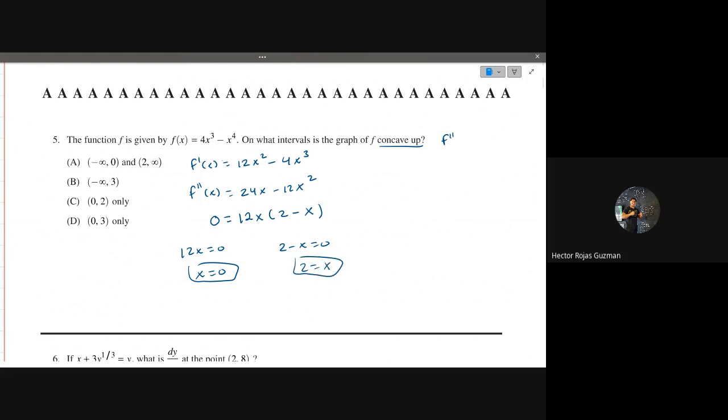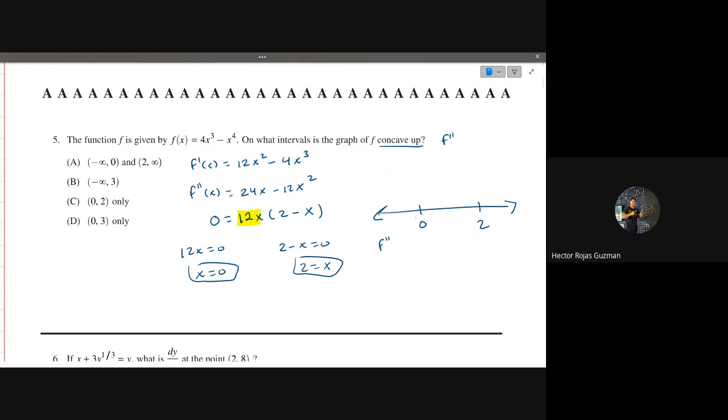We want f to have a positive concavity, right? So that means the second derivative has to be positive. So take your number line, place your critical points, and now pick some values within each interval and plug them into the second derivative.